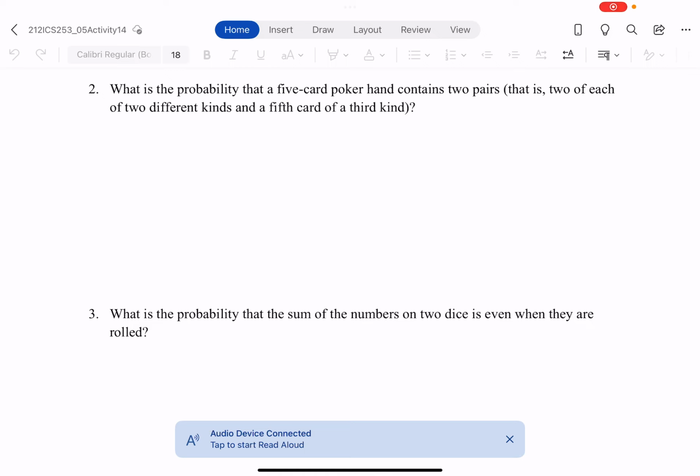Now how many cards are left to choose from? 44, because we chose 2 kinds and 11 kinds are left, 11 times 4 is 44. And we cannot choose one from these 2 kinds, otherwise it will not be 2 and 2, it will be 3 and 2.